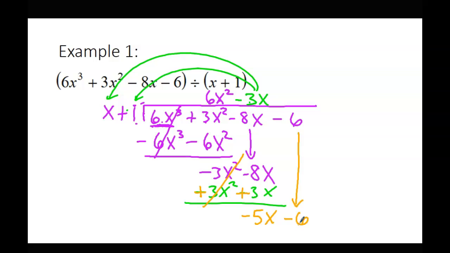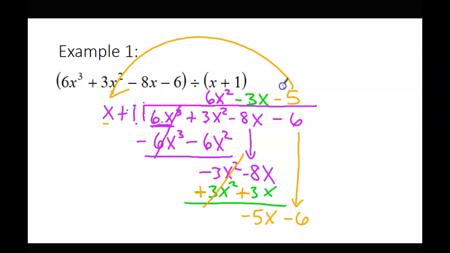Here we go. I want to divide x into negative 5x. Or in other words, what would I multiply x by to get negative 5x? And the answer is negative 5. After you divide x into negative 5x, we take that negative 5 and we multiply it by both terms.